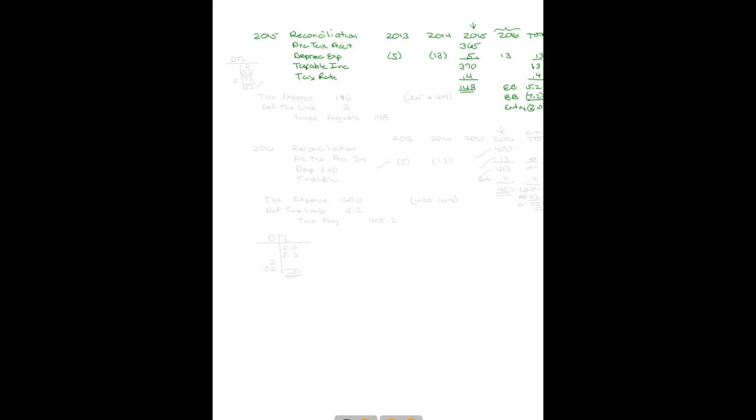So there's our entry as a tax expense, which will be shown on our income statement, as a taxes payable, which will be shown on our tax return and literally paid. And now we have a deferred tax liability starting to reverse. See, it didn't become a deferred tax asset, it's just reversing. Taxes payable 148.